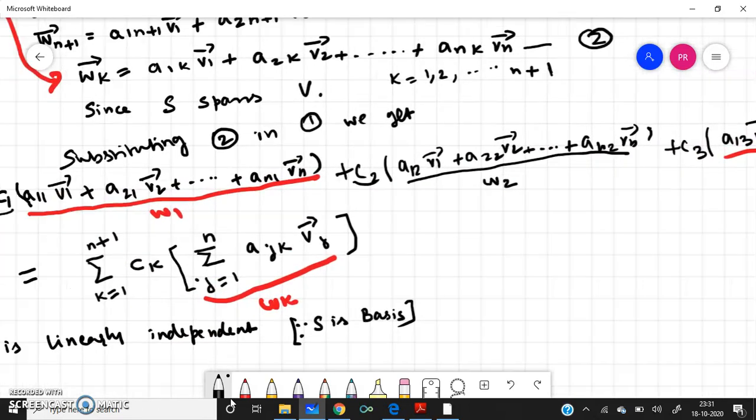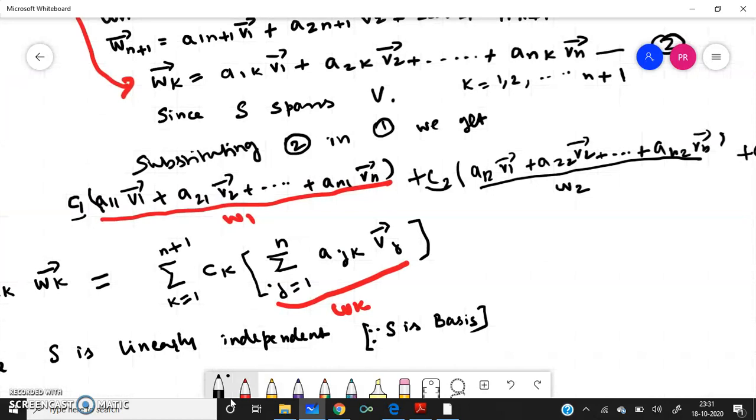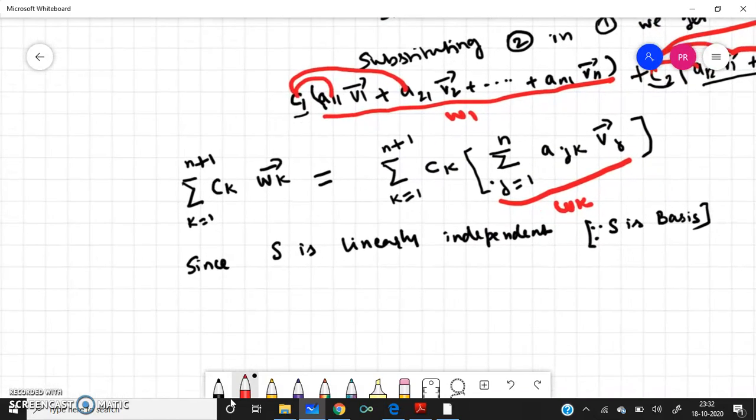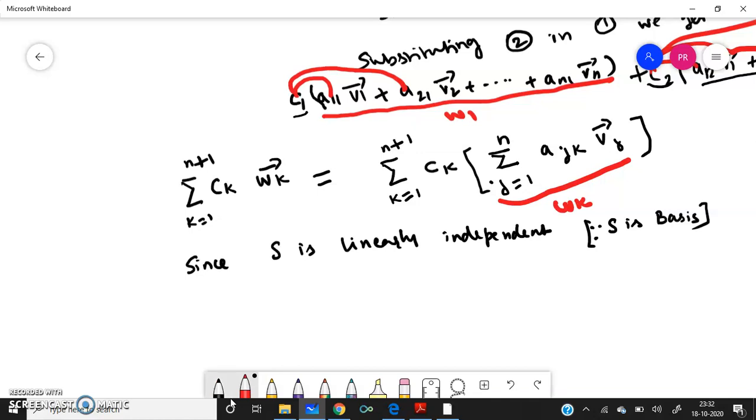So I can write C1 into this one, and like this I can multiply, the same way C2 also. So all the constants, if you take, what you will get?